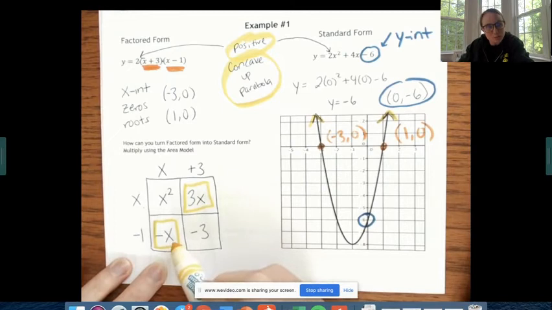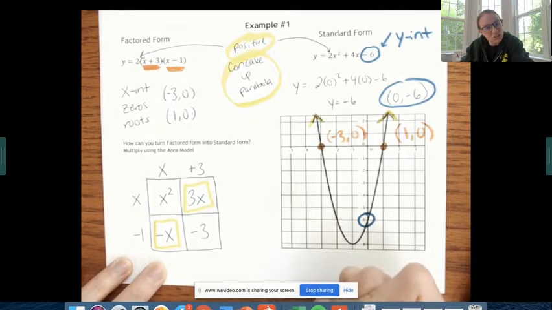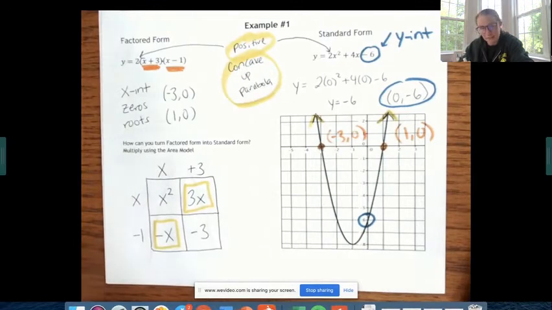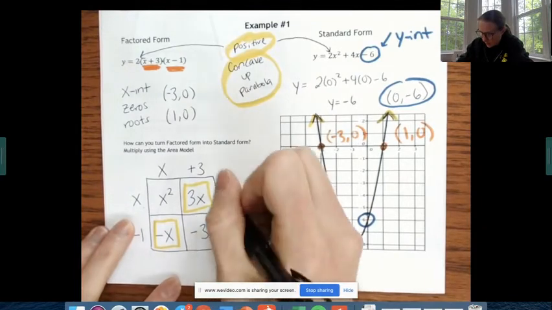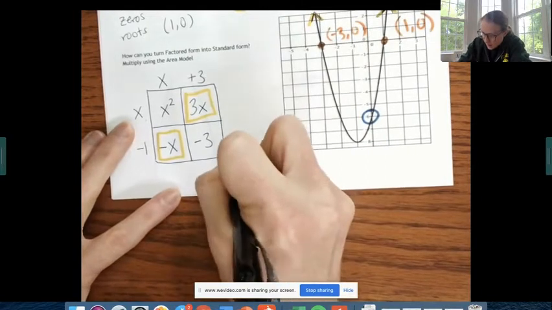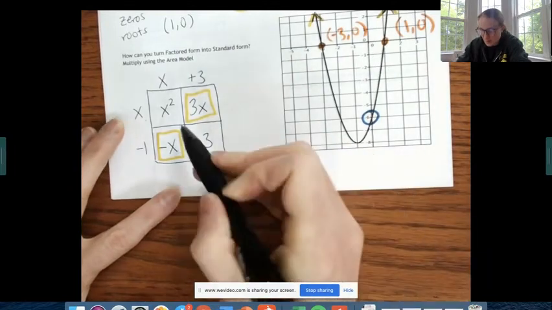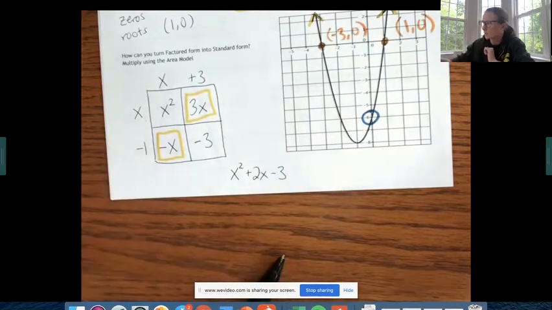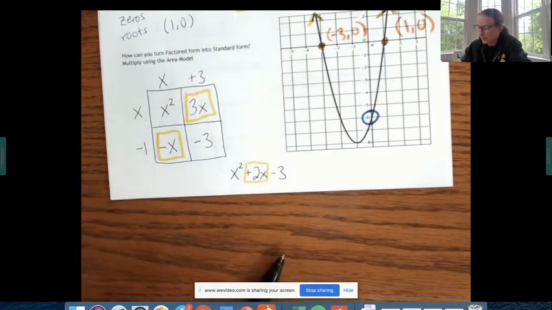Just a reminder, if they have the same variable and the same exponent, these are like terms. So when we combine these together, 3x minus x, we're going to get 2x. When I combined all these together, I'm going to get x squared plus 2x minus 3. I might even color code that to show that that diagonal was where this came from.